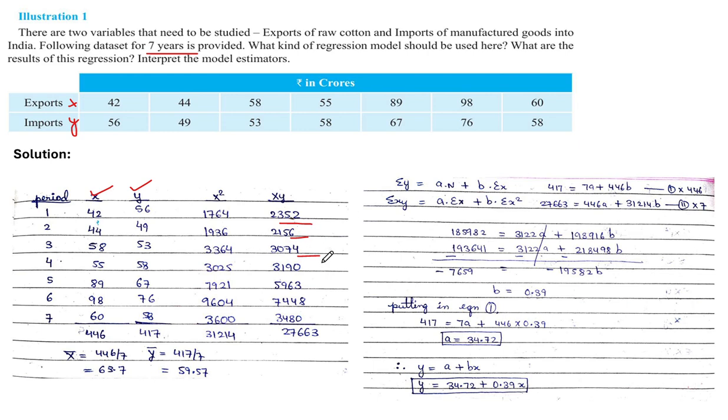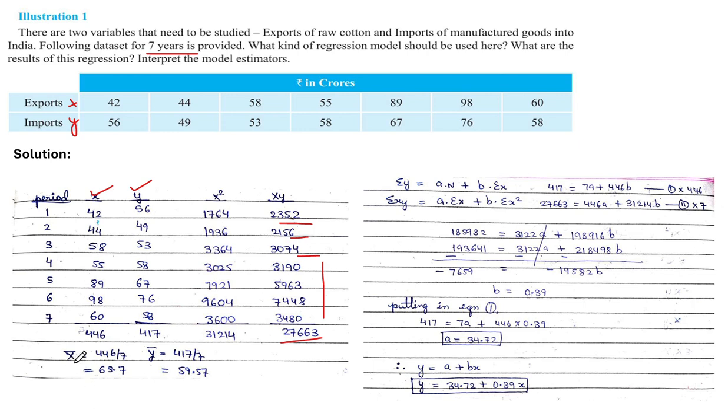And for the remaining also we will calculate in the same manner. Now we have sigma x 446, sigma y 417, sigma x square 31214 and sigma xy 27663.